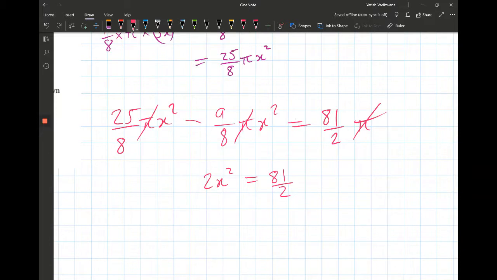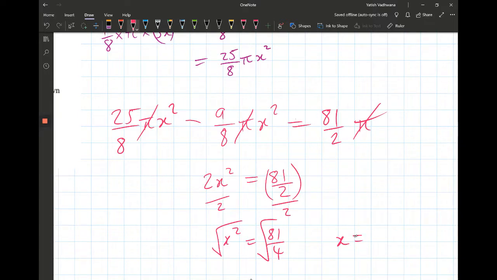Now if I divide both sides by 2, I get x squared equals 81 over 4. If I then square root both sides, I get x is equal to the square root of 81 over the square root of 4, which is a convenient number actually, so it's just going to be 9 over 2, or 4.5.